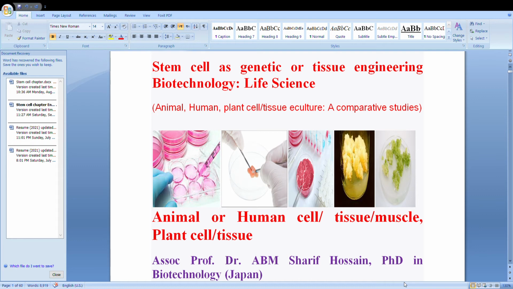Stem cell laboratory. Nowadays scientists are doing research in the same lab as a cell culture laboratory, having animal cell, human cell and plant cell or tissue, because all are correlated to the environment.